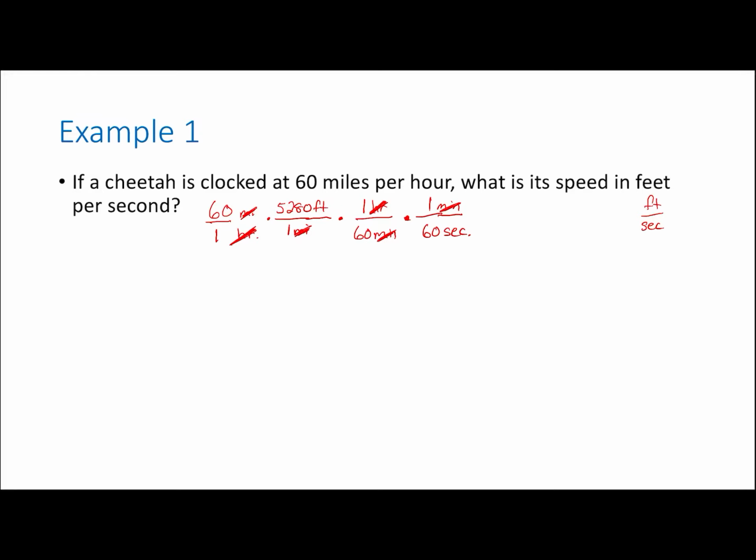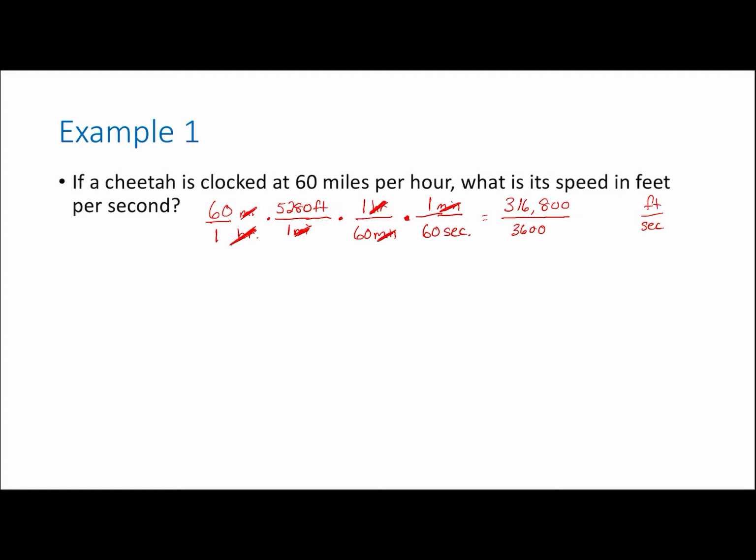So 60 times 5,280 is 316,800. And then on the bottom, we're going to multiply 60 times 60 and get 3,600.